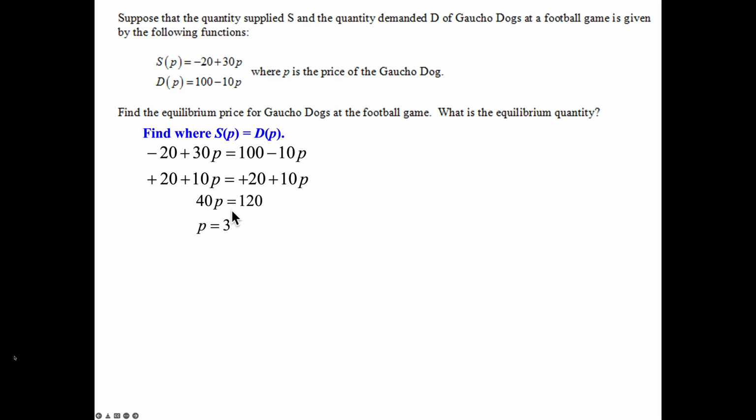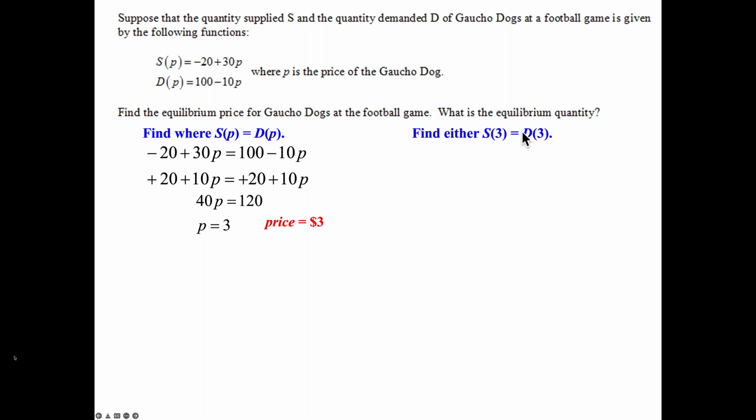So if I'm going to have this price of $3, I need to know how many of these gaucho dogs I need to have at the concession stand. So we'll take the $3 for that price and substitute it into either one of these two functions. Again, what we're finding is where the graphs of these two linear functions are going to cross each other.